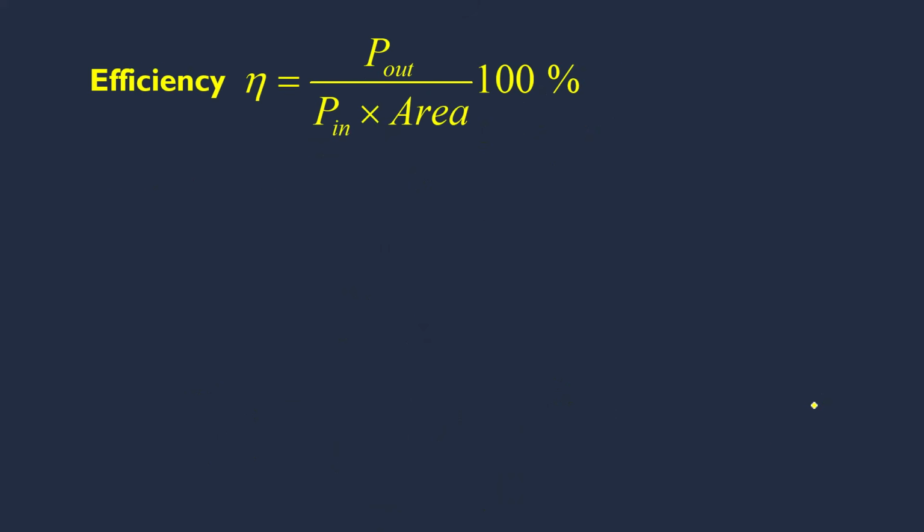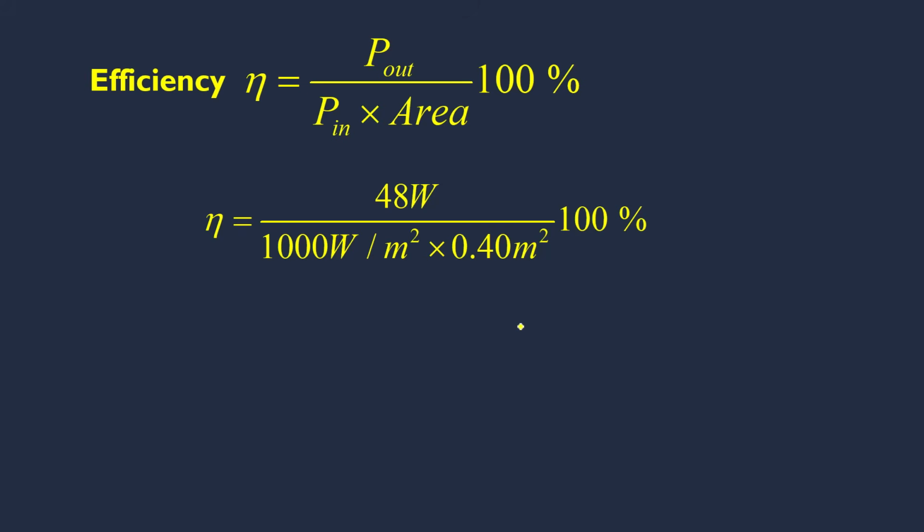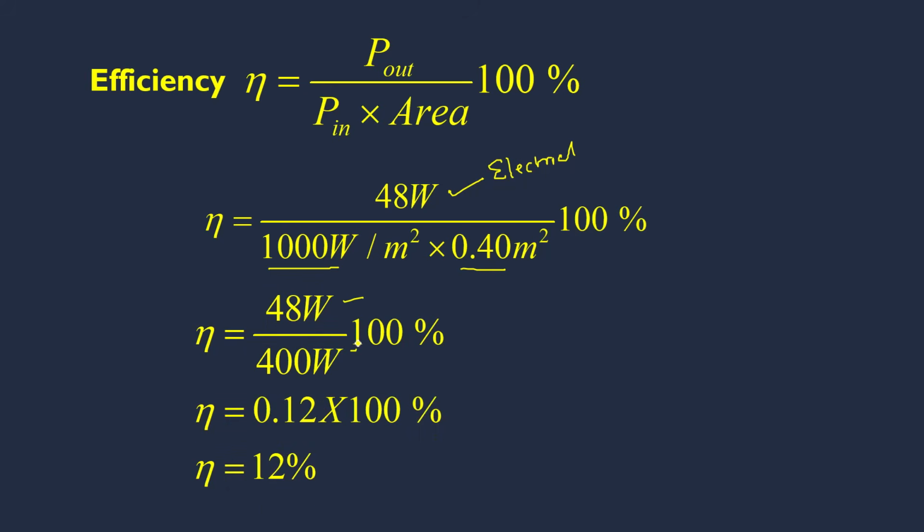So now let us substitute 48 watts, the output electrical power, and the input is the total wattage falling on our area of 0.4 meter square, which is 400 watts. So 48 by 400 gives you 0.12. Multiplied by 100, that gives you 12 percent. If you don't want percentage, then the answer would be 0.12 only.